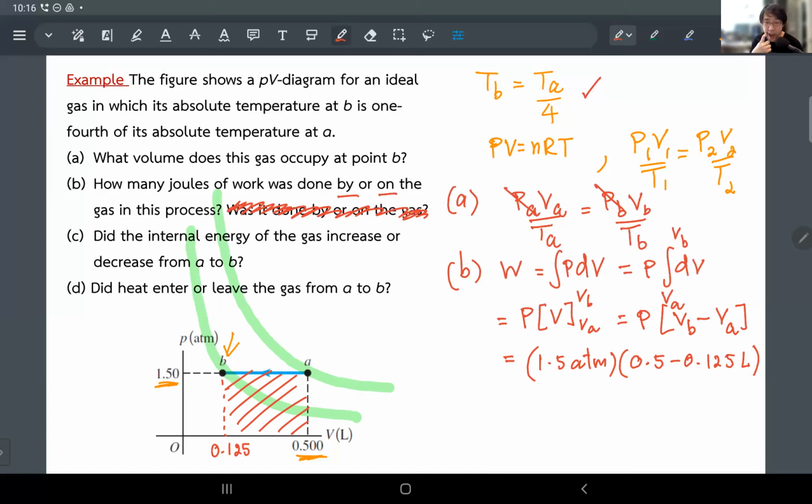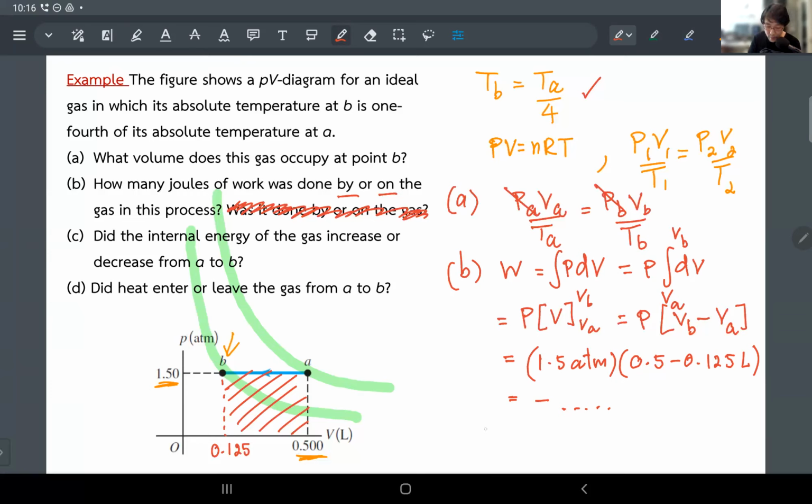At the end, it's going to be a negative number. So I leave you to do the actual unit conversion and all the number crunching. But at the end, the W must be negative because we know the gas is contracting.